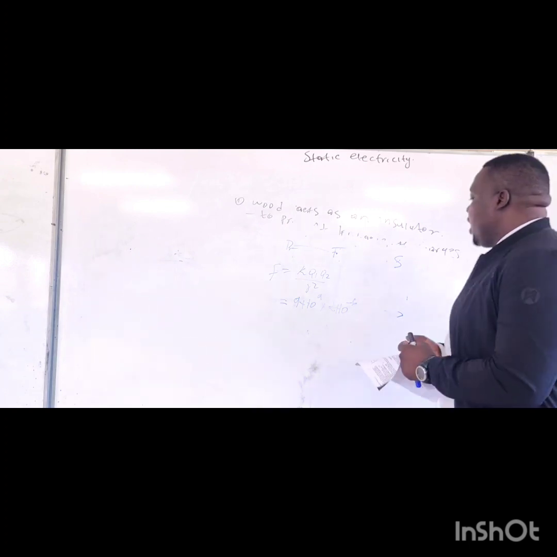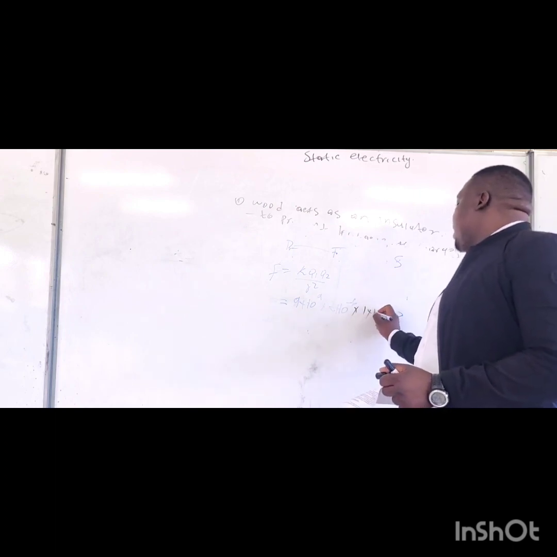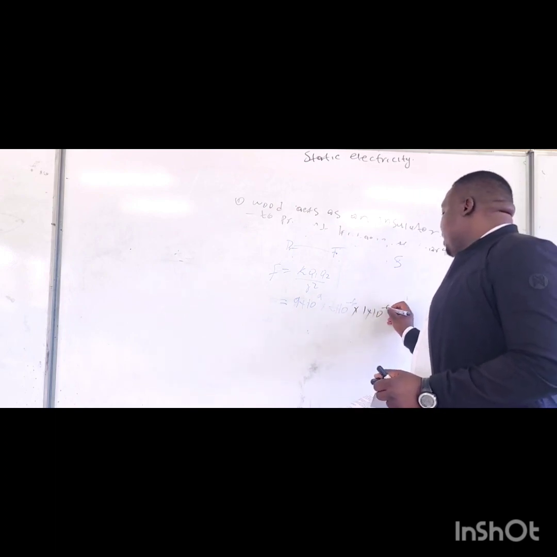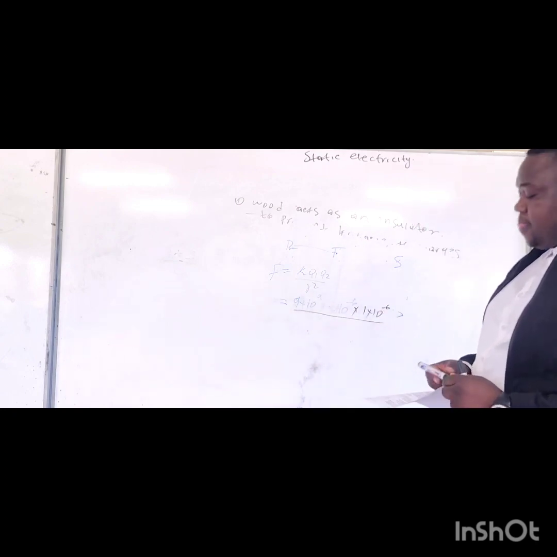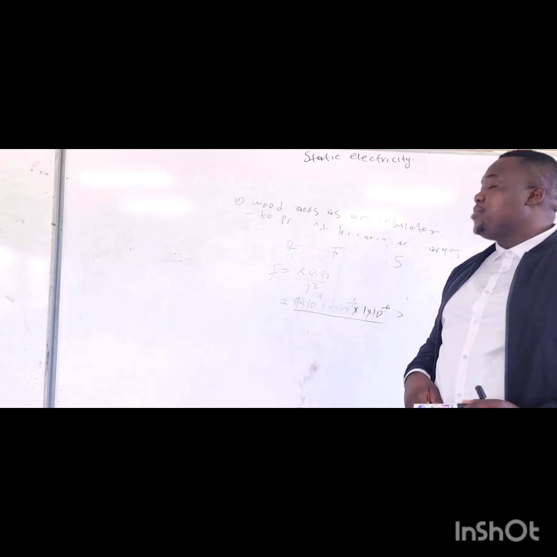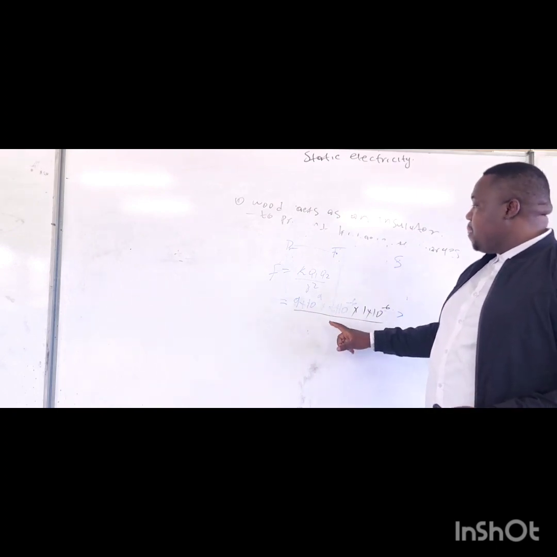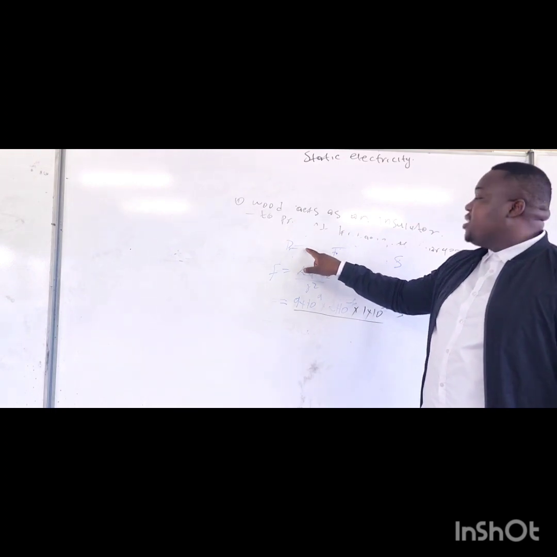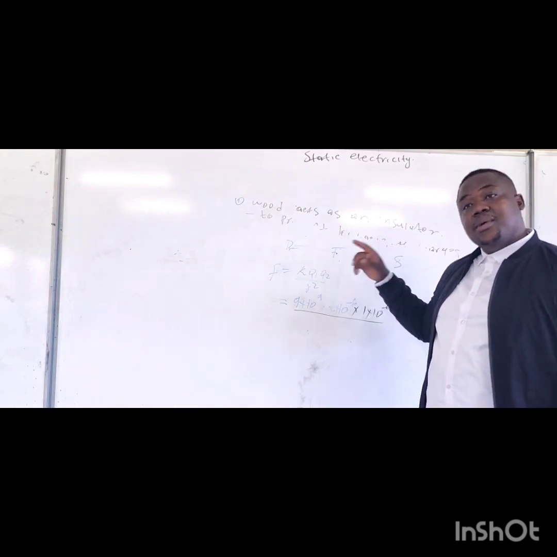Then we continue. What is T? Charge of T is 1 multiplied by 10 to the power minus 6, right? We divide everything. Now, what do we do from here? We are given that the distance between R and T is 10 centimeters.